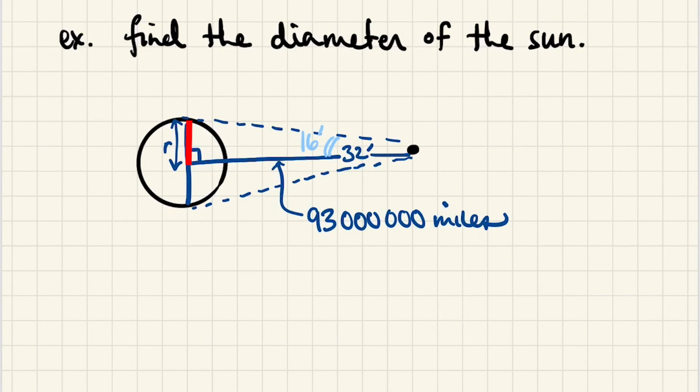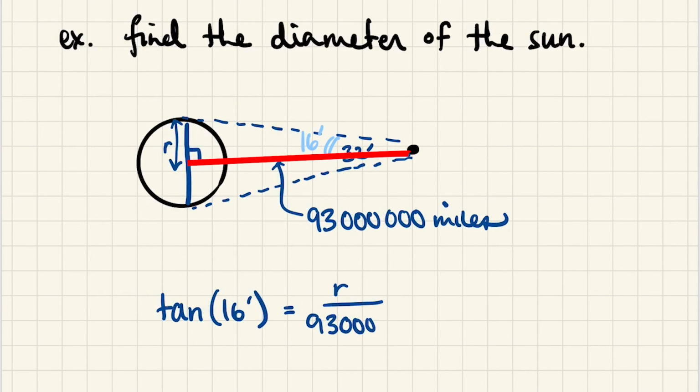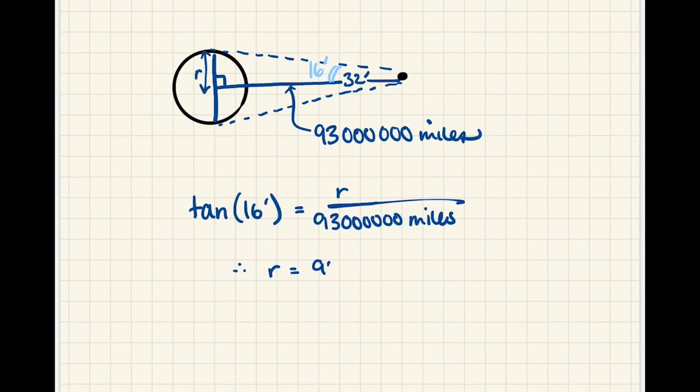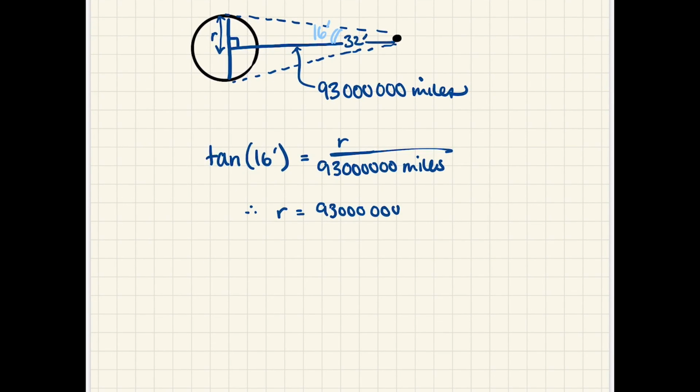And we can see that tangent of 16 minutes is little r divided by 93 million miles. Well then therefore r is 93 million miles times the tangent of 16 minutes.